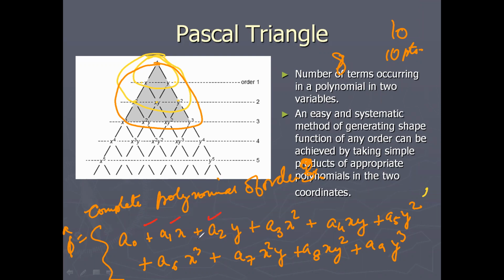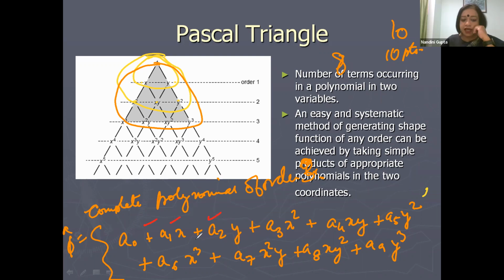A6 x cube should not be there. Why? In the X direction, you only have 2 points. So therefore, this cannot be there.